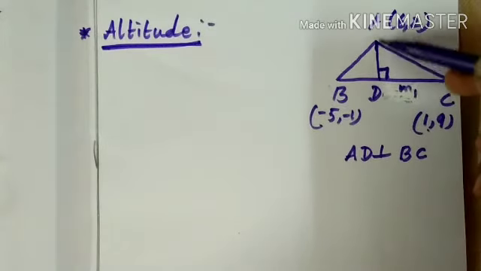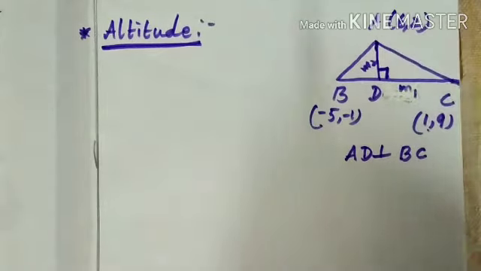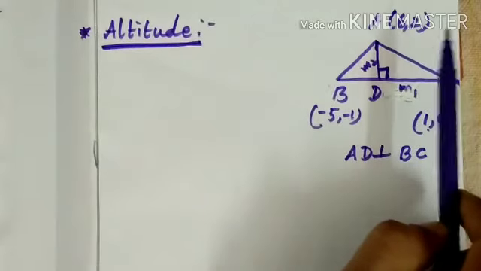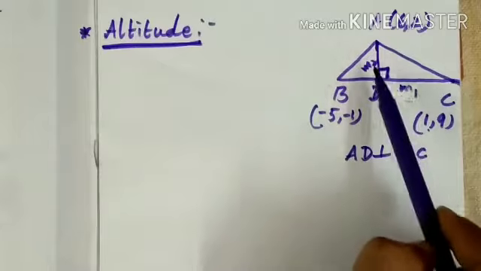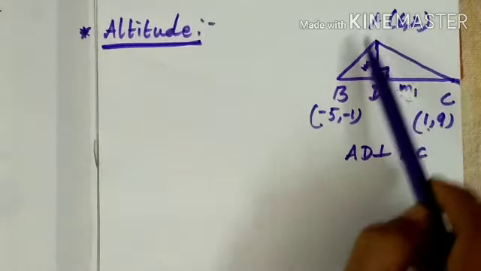Next you have to find the slope of AD, that is M2. Then you have to use the slope point form, and we get the equation of the line AD.